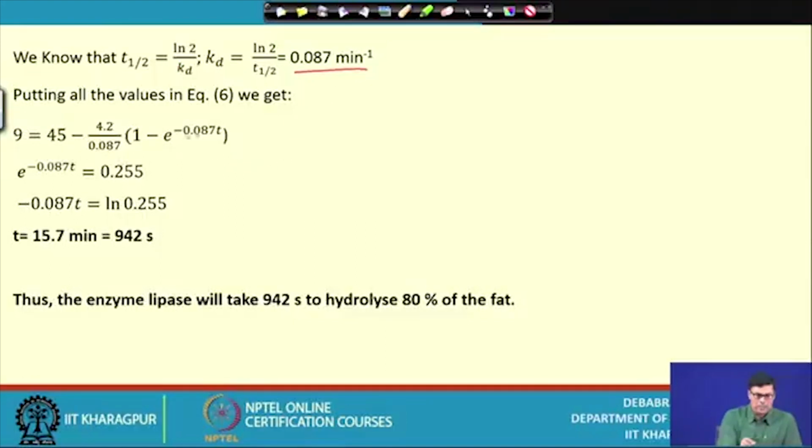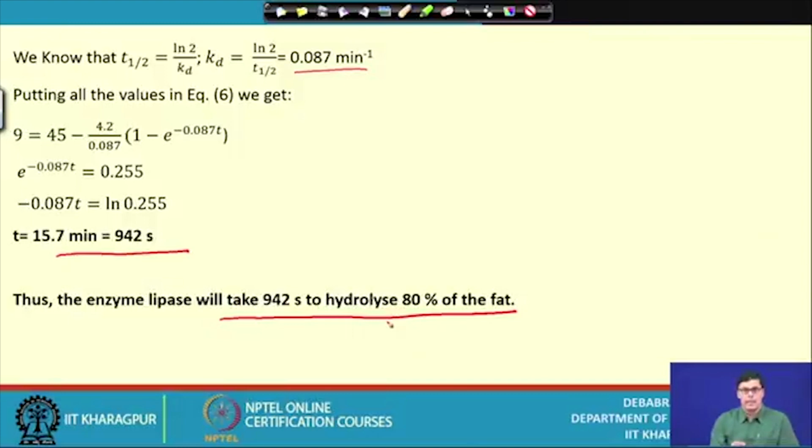And then if we put all these values in the previous equation, we can find the time required for this particular reaction, for 80% fat degradation. So our answer to this problem is that 942 seconds are required for the hydrolysis of 80% of fat.